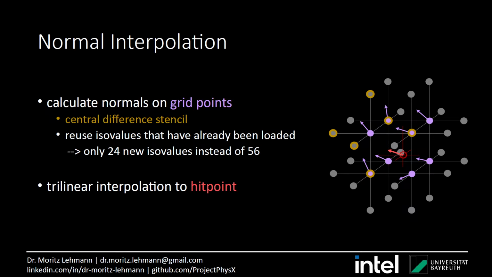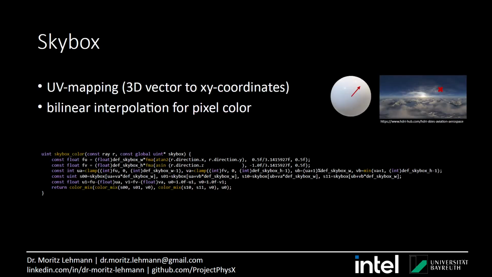But since this interpolation is only done once the hit point has been found, it doesn't take too much time. The most time is spent in the ray grid traversal, and this is only done once per ray, so it's quite fast.